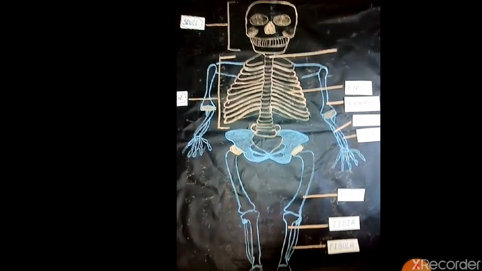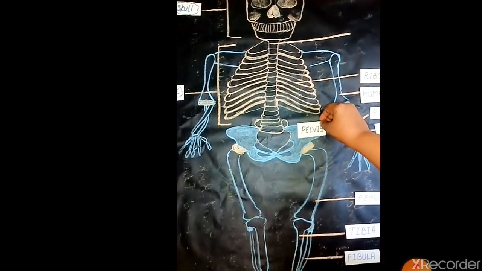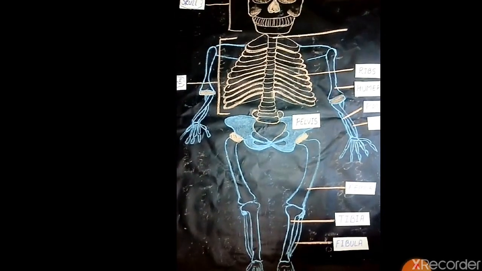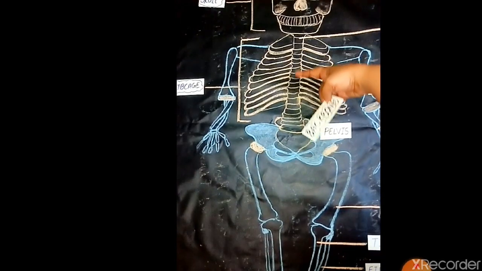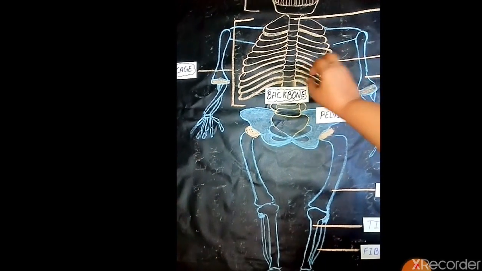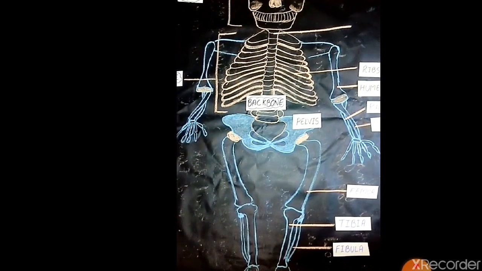So this was our activity. Pelvis. Yes, this is the pelvis portion. Where is the backbone? This full part is called the backbone. So you can keep it like this. Good. Now what is next?